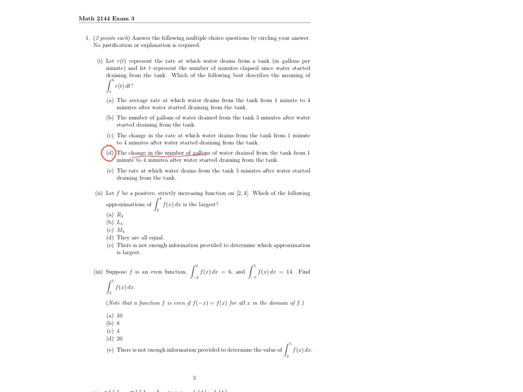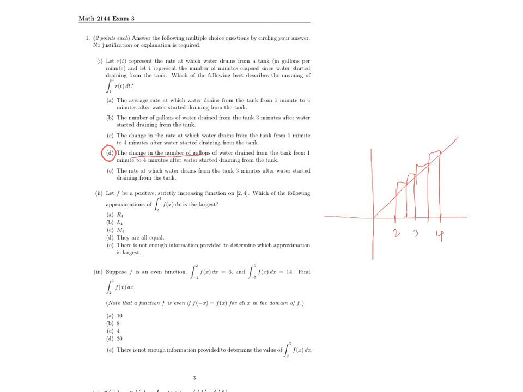Let f be a positive strictly increasing function. Which of the following approximations is the largest? So it's positive and strictly increasing. So if it's strictly increasing like that, I know that R4, so we're going from 2 to 4, will be a right-hand sum, an overestimate, right?